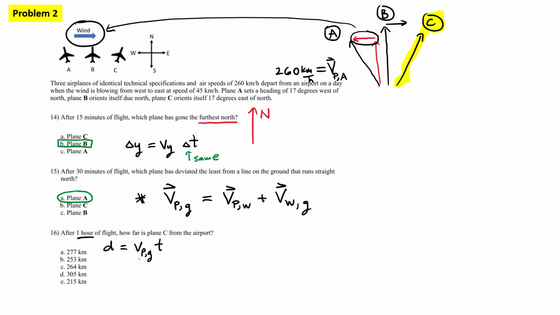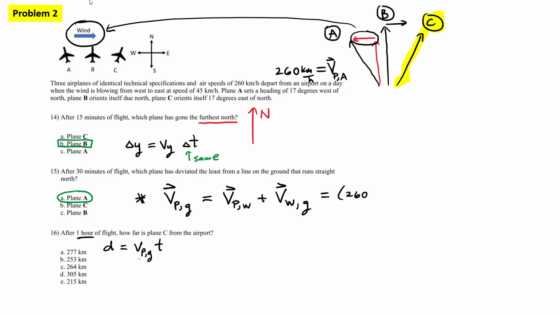All right, let me give myself a bit more space and let's substitute what we know for this case. So what is the plane relative to the air or relative to the wind? Plane C is orienting itself 17 degrees east of north. So the way that I would write the plane relative to the wind, I would write it like this. The magnitude is 260.